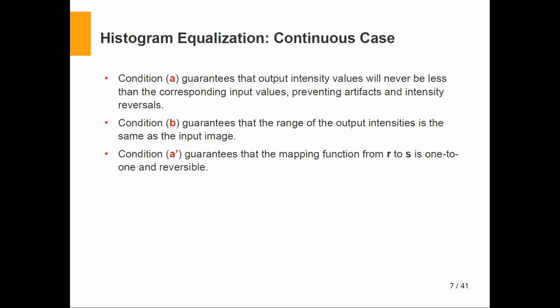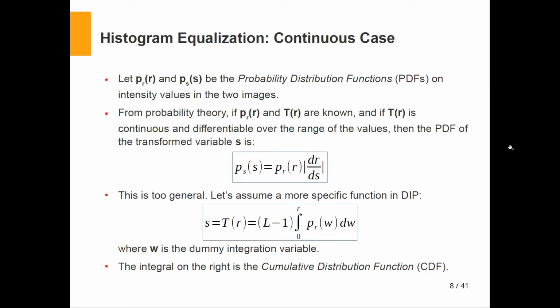And condition A prime guarantees that the mapping function from R to S is one-to-one and reversible. So now that we have these conditions on the transformation function, let's move forward with the continuous case of histogram equalization.